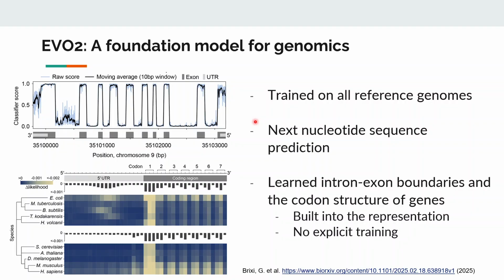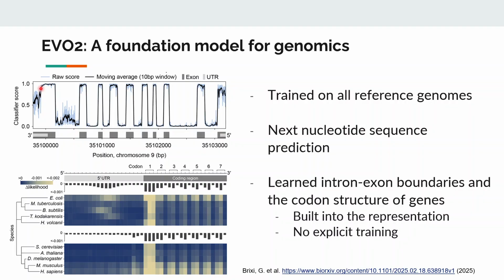The cool thing about this, which still requires some validation, is that even though the model only learned how to predict the next nucleotide, only that, nothing else. When the researchers tried to map the embedding, when you put a nucleotide sequence into the model, it will give you an embedding, how it turns the nucleotides into numbers.